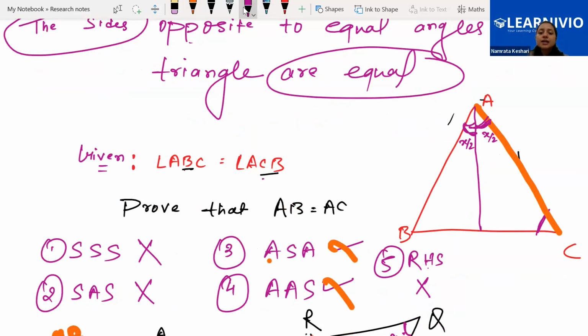Angle B and angle C are the same. You have to check whether you are able to prove that triangle ABD and triangle ACD are congruent. If we are not able to prove it, that means we have to take the construction in a different way. Getting it?